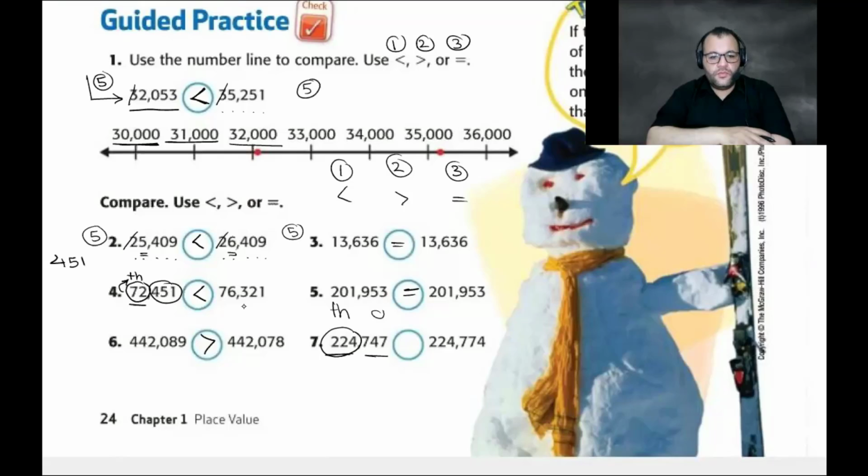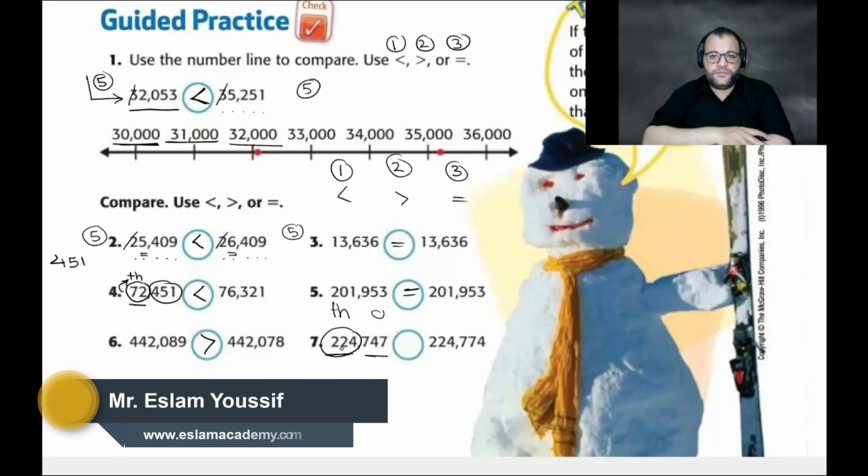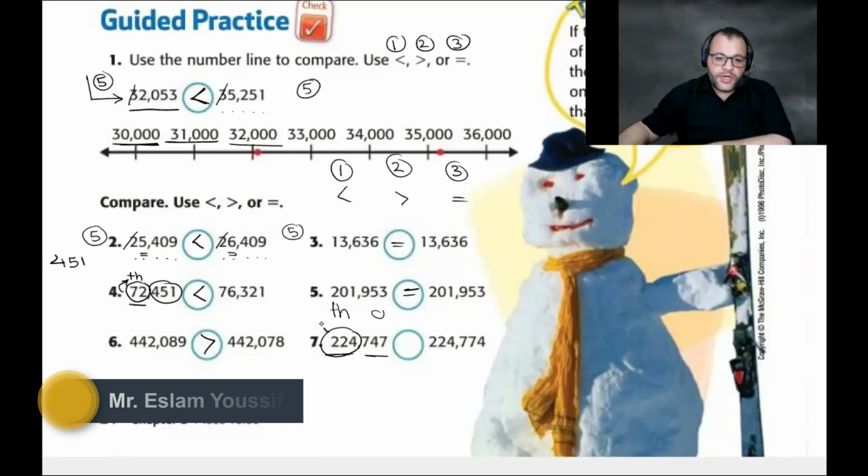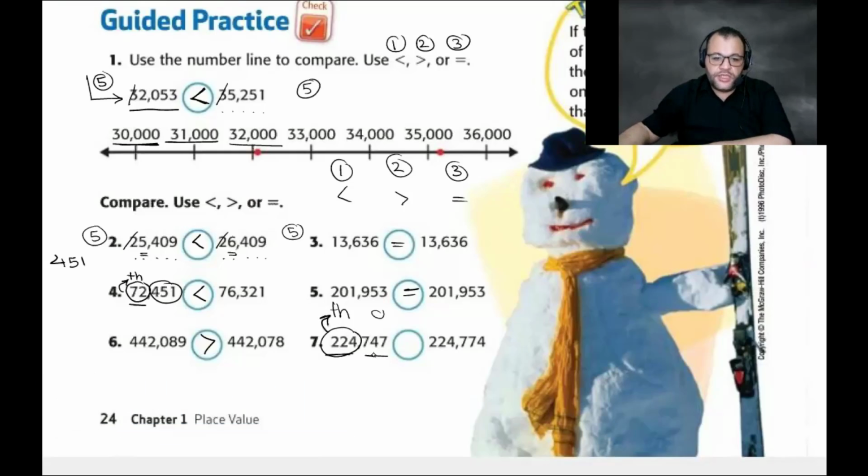It would be the same as the other one. Read the number, then read the name of the period. Read the 3 digits inside the circle. 224. 224,000. Then continue reading the other part. 747. Okay.